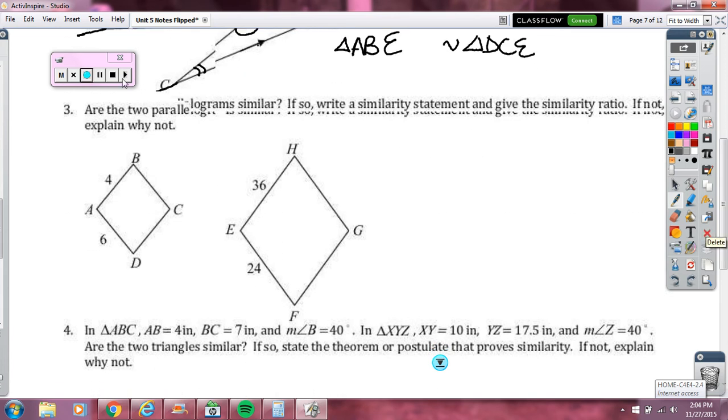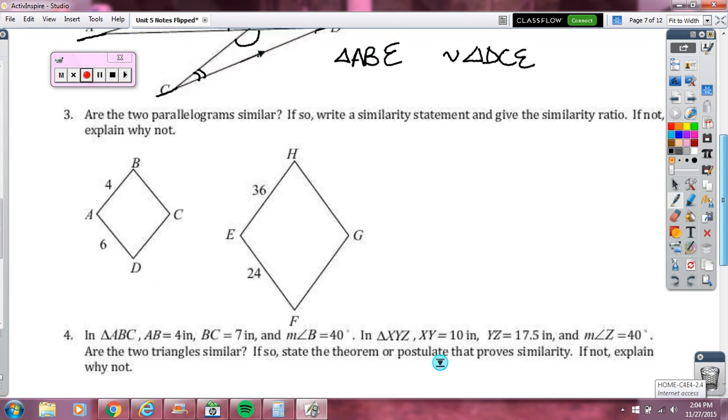Cool. Are the two parallelograms similar? If so, write a similarity statement and give the similarity ratio. If not, explain why not. Okay, so to be similar, I would need to have all the angles being the same size. Let's see.